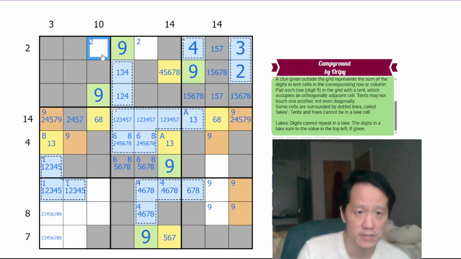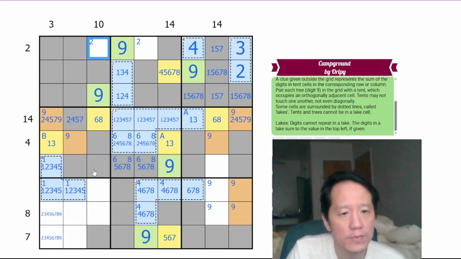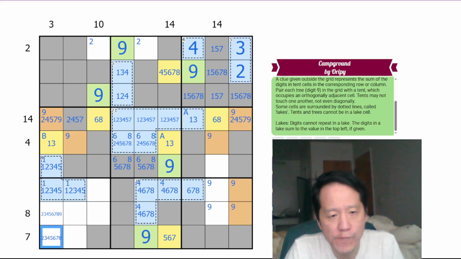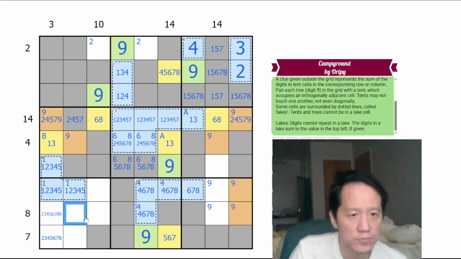These could be tents. This could be a tent. This can't be 9. Nine cannot be here. 9 cannot be here.